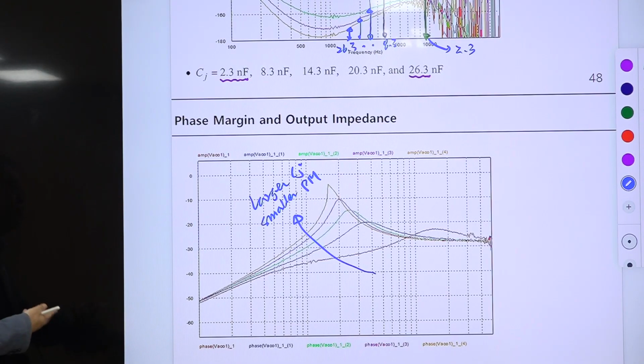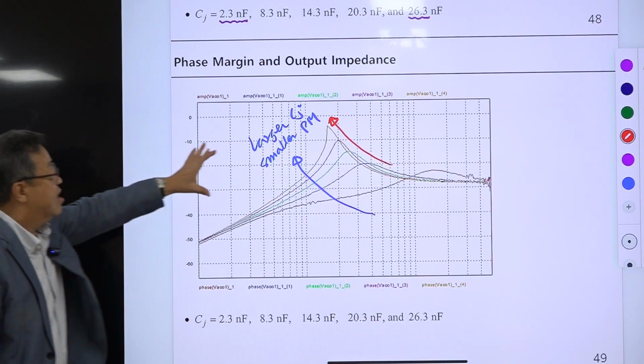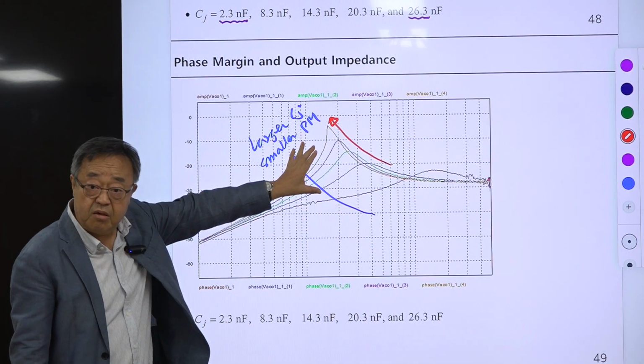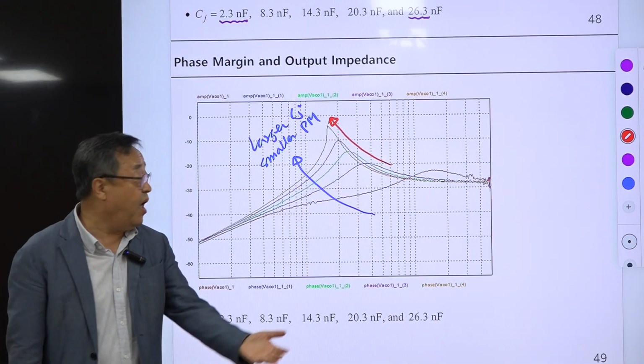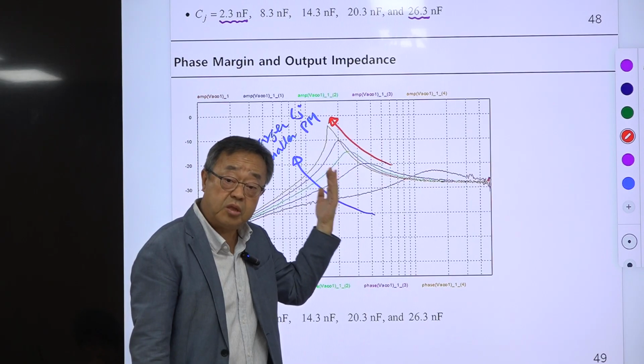Then this will affect the step load transient response. In which manner? If you move in this direction, you increase the CJ in this manner, then what does this large peaking indicate? Oscillatory. And what does this low frequency peaking mean? Low frequency oscillation.